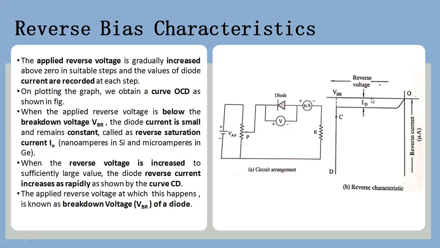This small constant current is called reverse saturation current, and it will be in nanoamperes in silicon and microamperes in germanium.